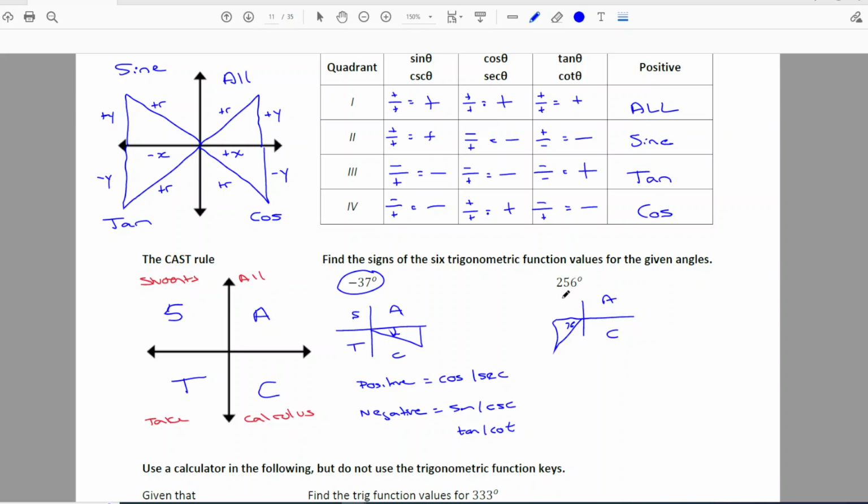If I then look at my CAST rule, I could tell you that the ones that are positive are tan and cotan, whereas the negative ratios would be everything else. So sine, cosecant, cosine, and secant. All right, again, kind of a weird exercise, but trust me, we're going to use this CAST rule more and more, so this is just your first introduction to it.